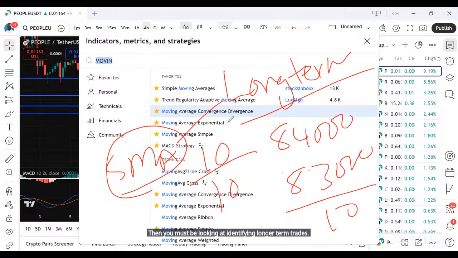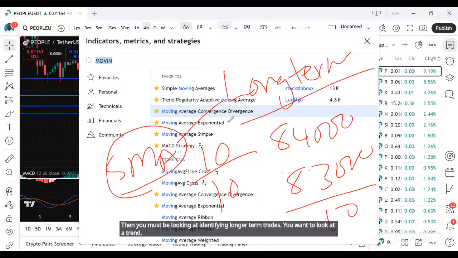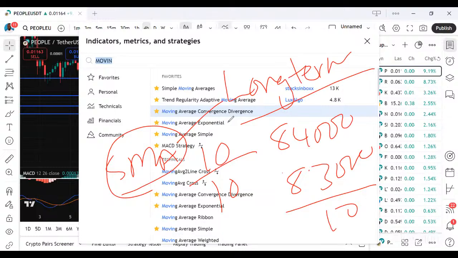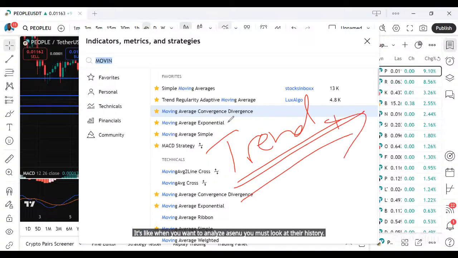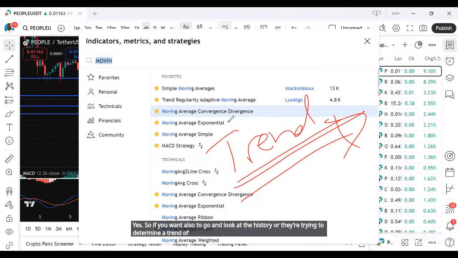You want to look at a trend. It's like when you want to analyze Arsenal, you must look at their history. So if you also want to look at the history or the trend to determine the trend of the market, then simple moving averages are very important in your analytic approach of making money in the market.